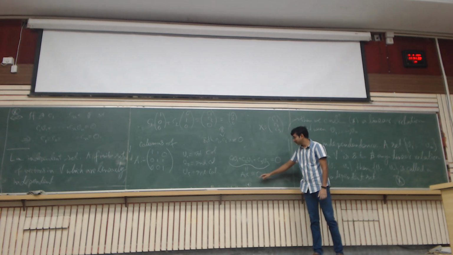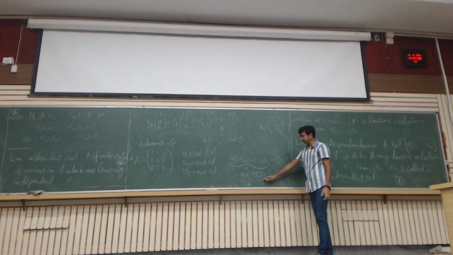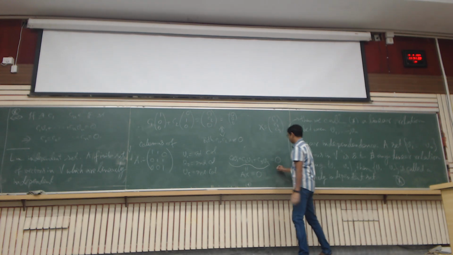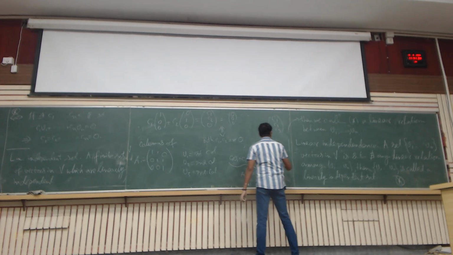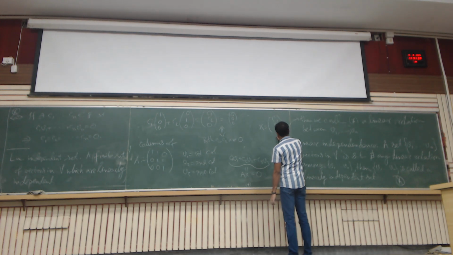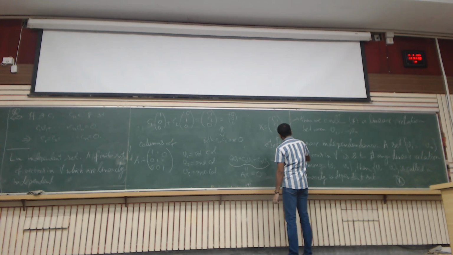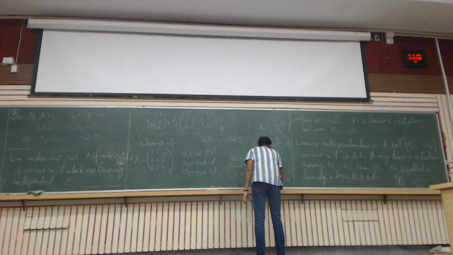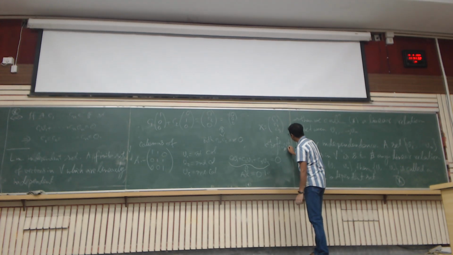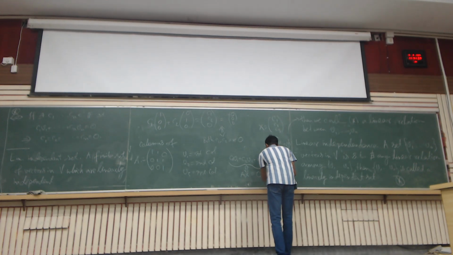Such a thing is equal to 0 if and only if Ax is equal to 0 has a solution, for some C1, C2, C3 which are not all equal to 0, if and only if this has a non-trivial solution.